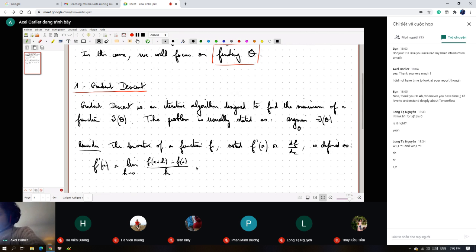So intuitively, this is physics intuition.